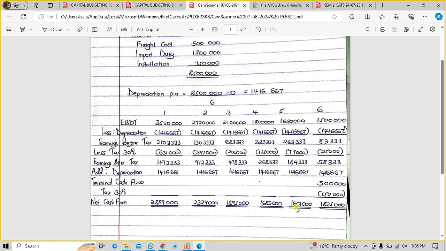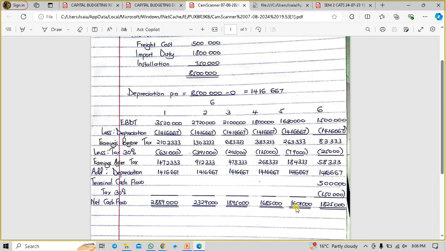Proceed to the 5th year, plus 1,601,000 divided by 1 plus 13% power 5, plus 1,825,000 divided by 1 plus 13% power 6.